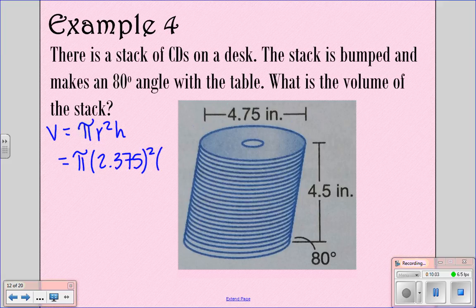And then our height is 4.5. So if you go ahead and multiply that out, you should get 79.74. Okay, and so that would be the volume for your stack there.